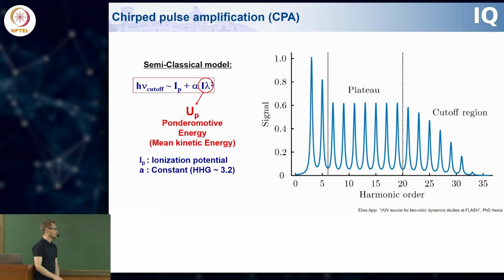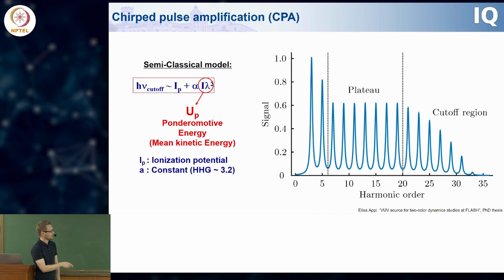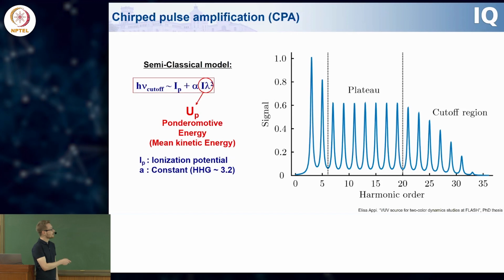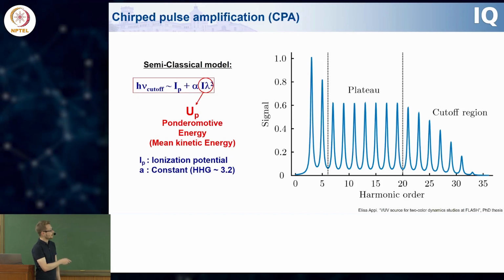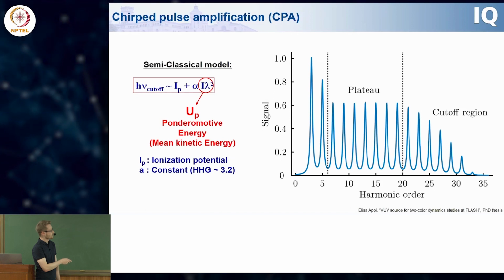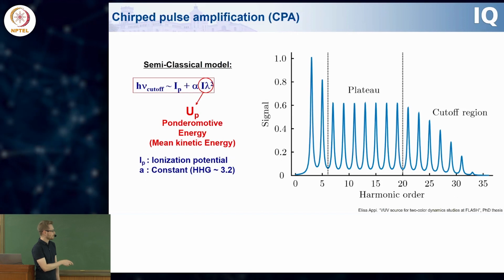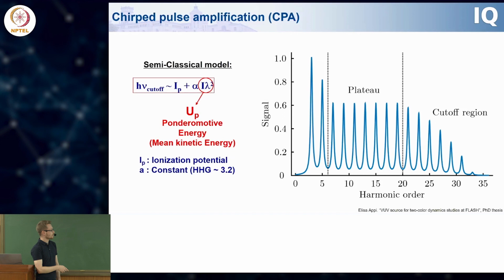Shortly after the discovery, a basic scaling for this cutoff, so where this cutoff starts, was theoretically derived and is based on the wavelength, the intensity, ponderomotive energy, and ionization potential. And this ponderomotive energy is then dependent on the intensity as well.